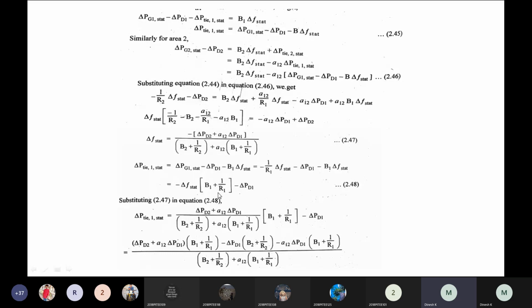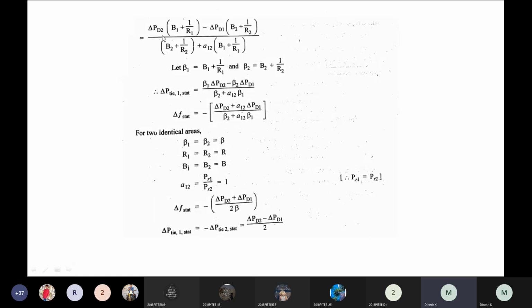So அப்படி substitute பண்ணோம்னா the entire del F stat இது வந்து பார்த்தீங்கன்னா உனக்கு del PD2 plus A12 del PD1 divided by B2 plus 1/R2 plus A12 times B1 plus 1/R1, multiplying with B1 plus 1/R1 minus del PD1. சரியா? ஸோ இதில் இன்னும் சிம்பிளிஃபிகேஷன்ஸ்லாம் பண்ணணும் அப்படின்னா அந்த ஈக்குவேஷன் எக்ஸ்பேண்ட் ஆகும். ஸோ ஐ ஜஸ்ட் மல்டிப்ளை வித் B1 + 1/R1 தனித்தனியாக மல்டிப்ளை பண்ணிவிட்டு அதுக்கப்புறம் ரீஅரேஞ்ச் பண்ணி ஒரு பெரிய ஈக்குவேஷனாக எழுதியிருக்கேன்.